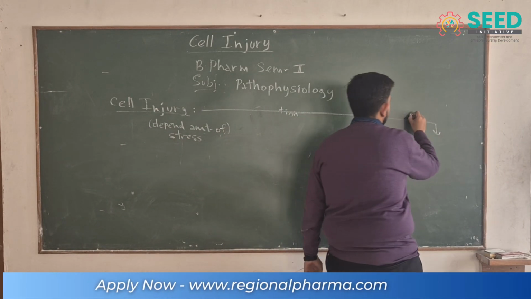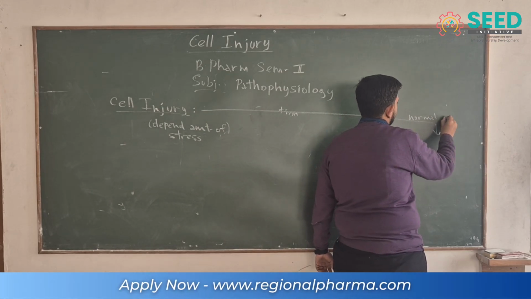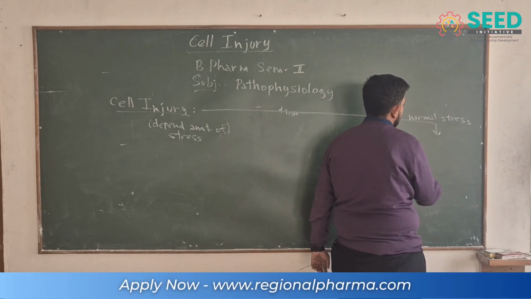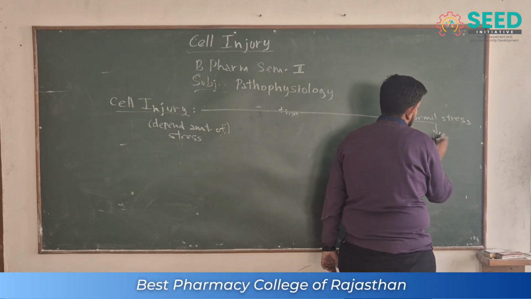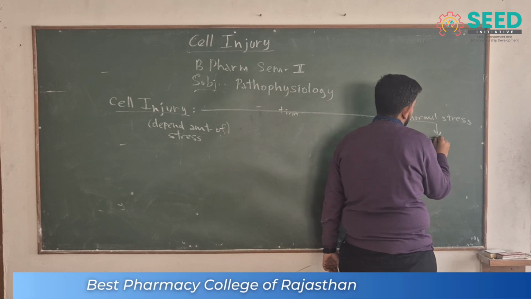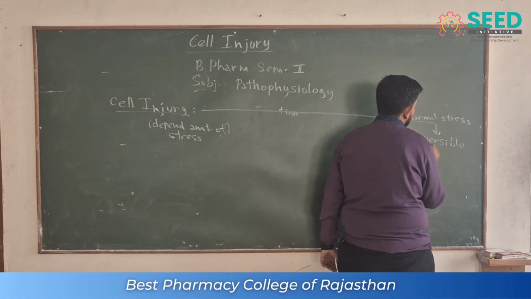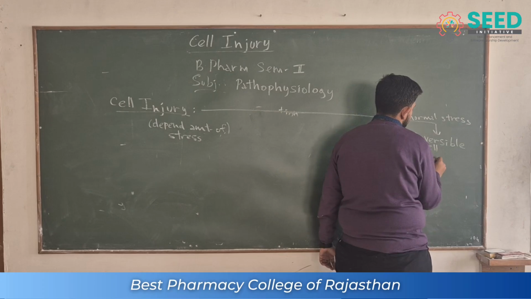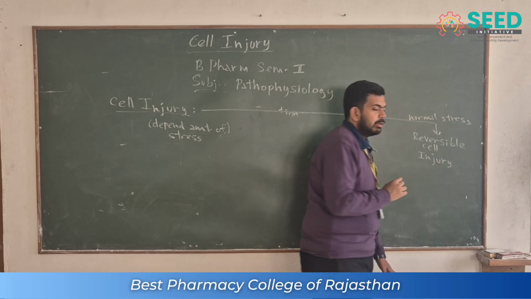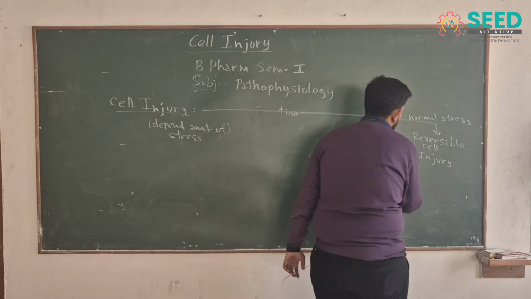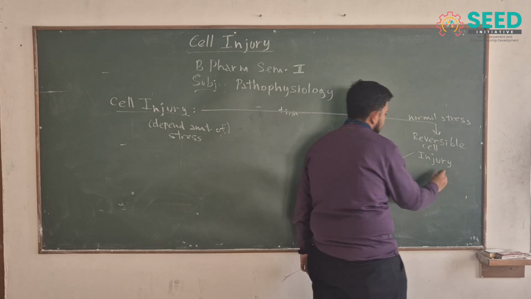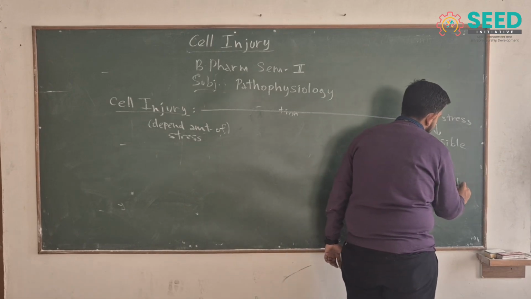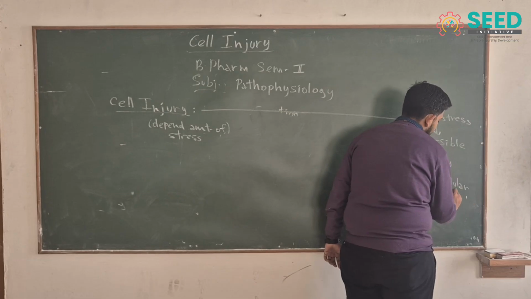If the stress is normal, it can result in reversible cell injury, which can follow two pathways. One is healing and repair. Next is cellular adaptation.